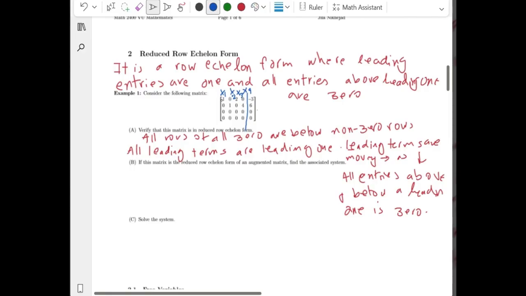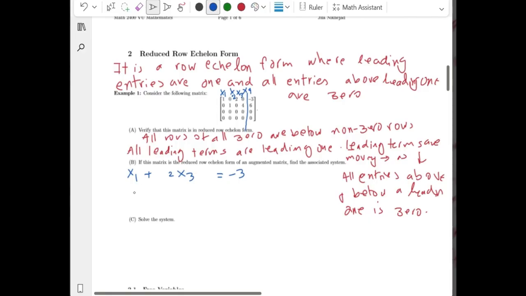So the first row becomes 1 times x1 plus 0 times x2 plus 2 times x3 plus 0 times x4 equal to -3.